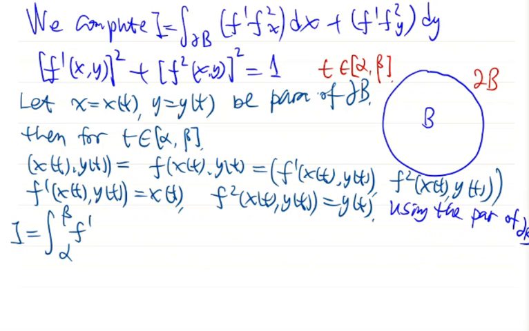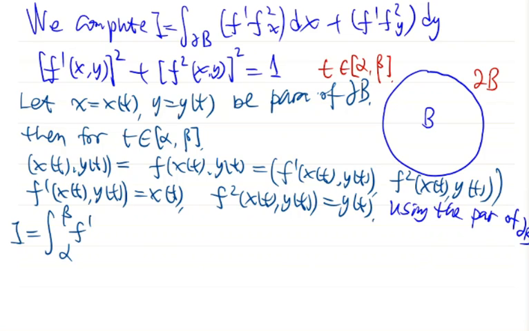The method to compute the line integral is to substitute the parametrization into the integral: x equal x(t), y equal y(t), dx is x prime dt, dy is y prime dt.